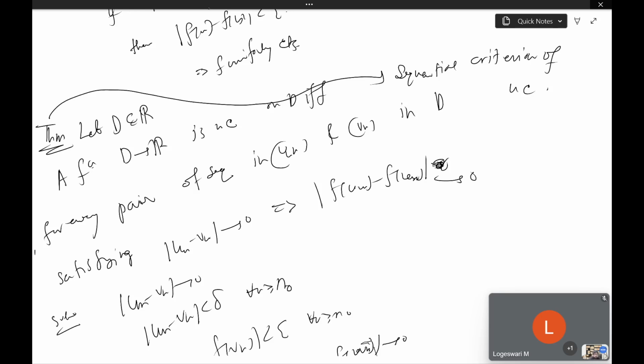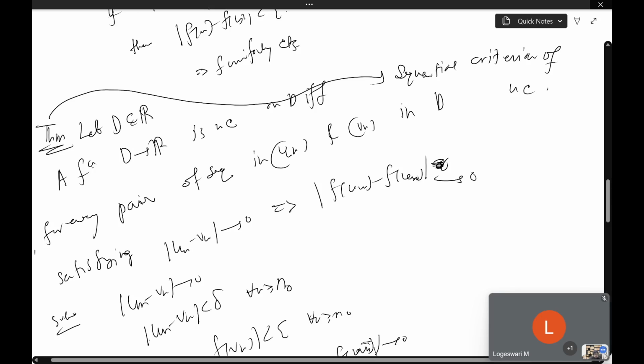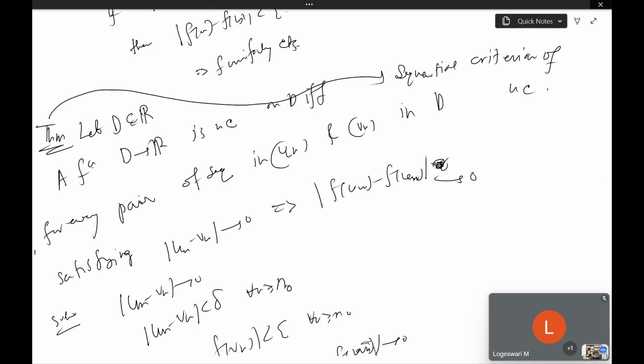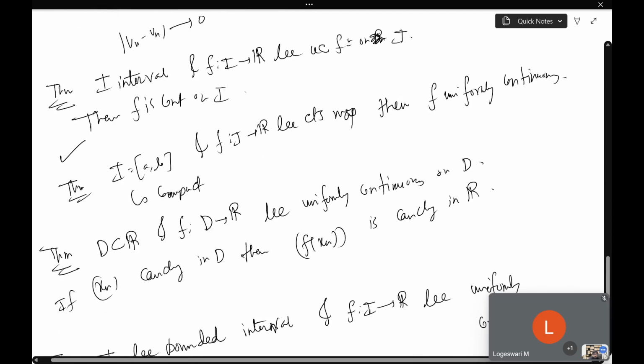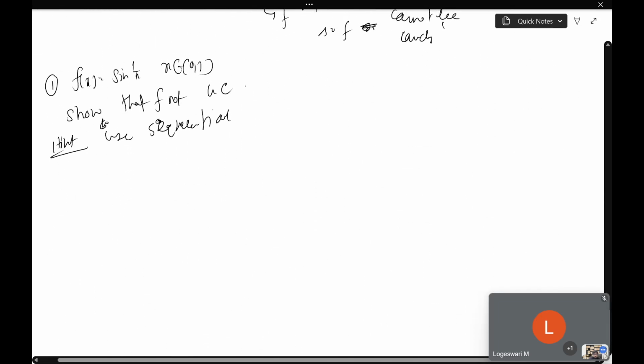Can you understand the things that are going on? It seems that she is not replying, I don't know why. Anyway, this criterion is called the sequential criterion, and that's it.